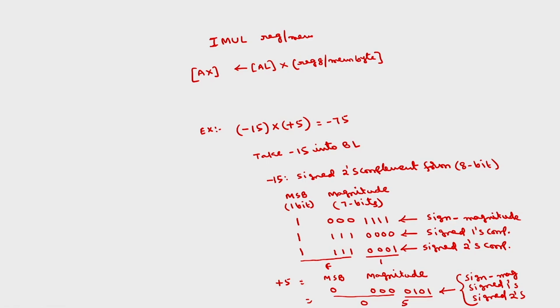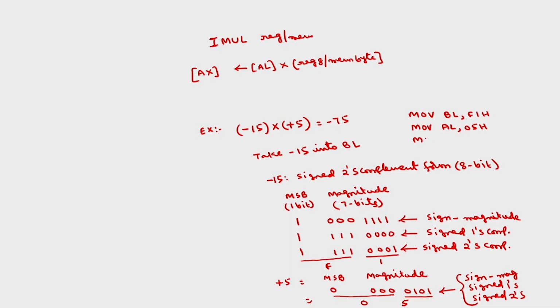If I take this 0000 as 0, this is 5, so 05H. Then to perform this multiplication, the instructions will be: move BL comma F1, since minus 15 in signed 2's complement representation is F1, and move AL comma 05H, because one of the operands should be in AL for 8-bit by 8-bit multiplication.